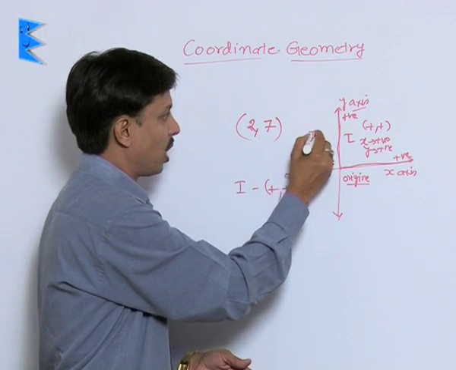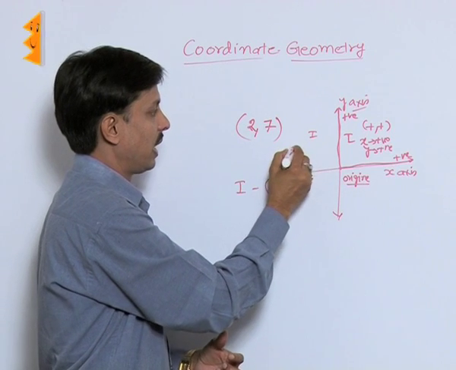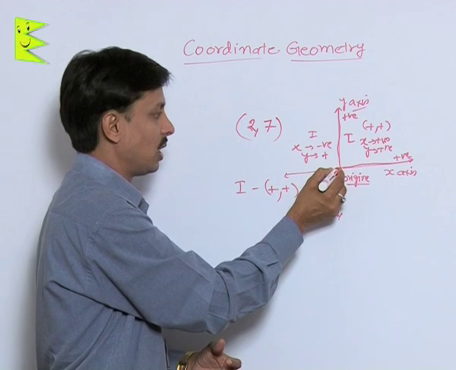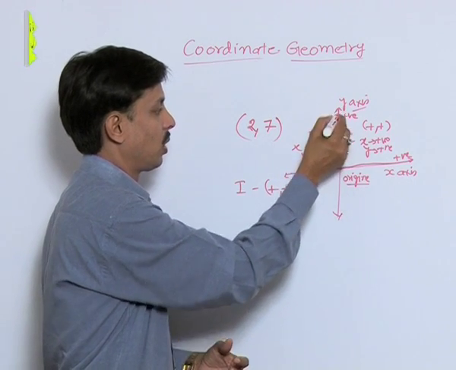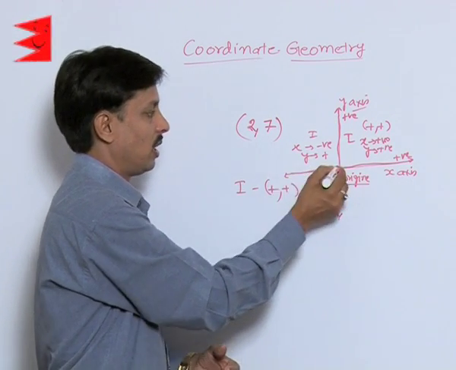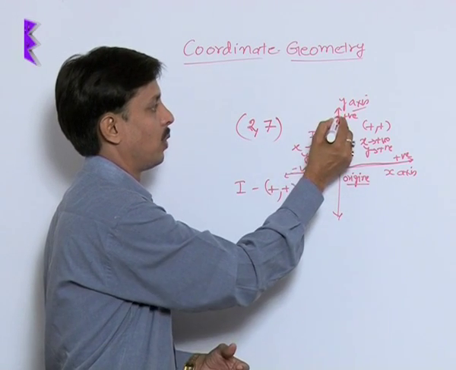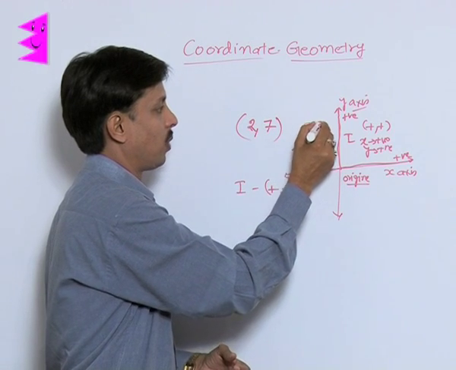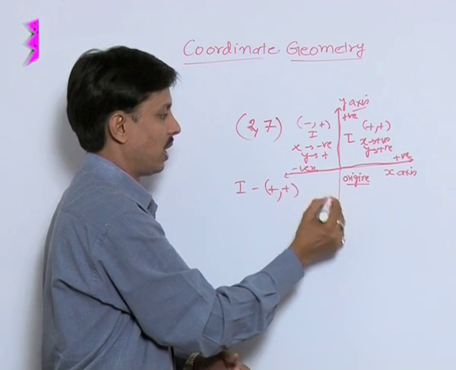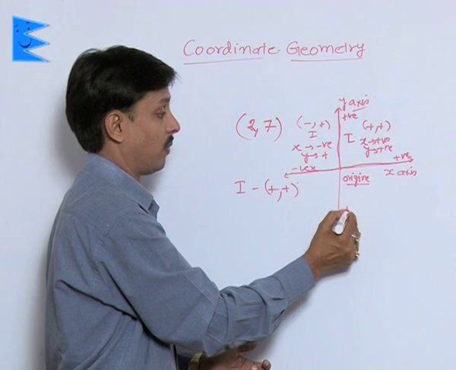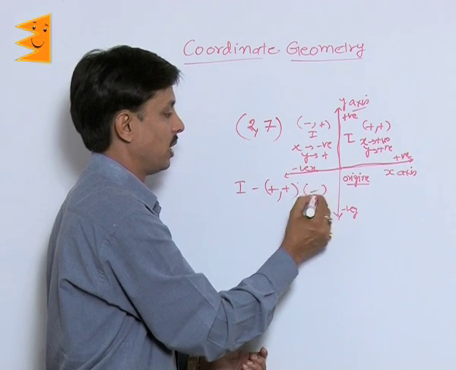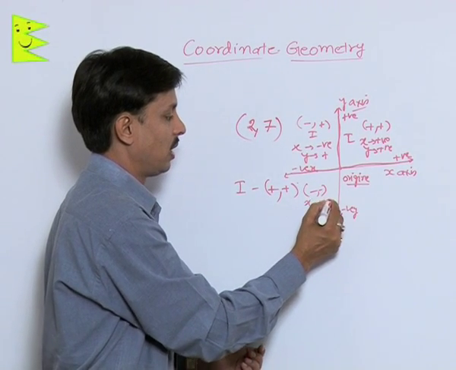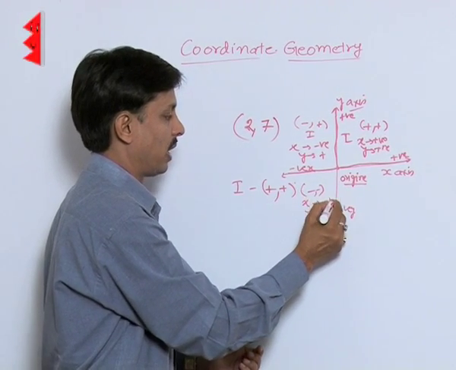If I talk about the second quadrant, here x is negative, y is positive. The reason being, this is the portion enclosed by negative x and positive y. So the signs in order are negative, positive. This is enclosed by negative x and negative y, so here x is negative and y is also negative.